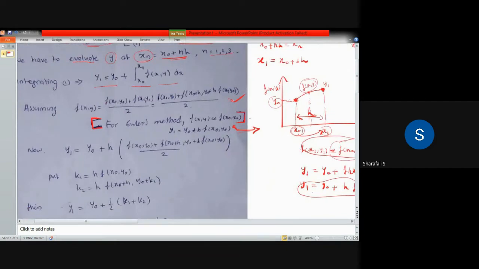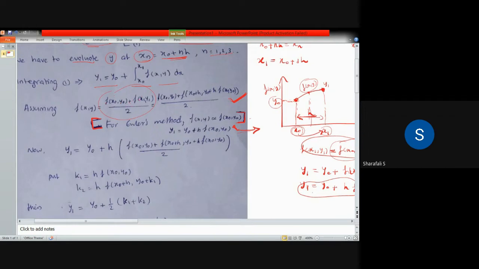You can see that from this equation. We are considering the function in between these two adjacent points as f of x0 comma y0 plus f of x1 comma y1 by 2. We are assuming the function is like this, so that we are taking the average of the values of the function at those 2 points.